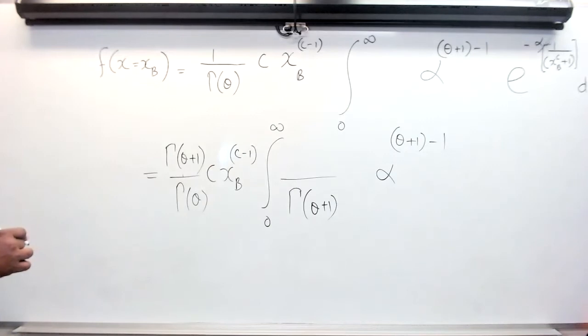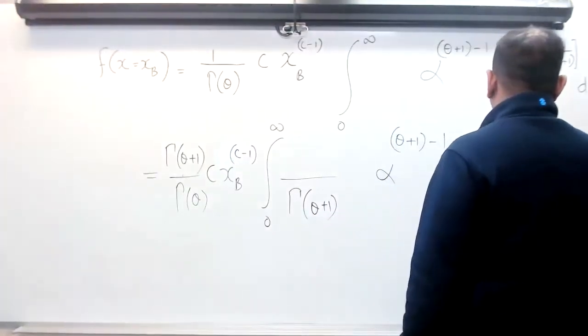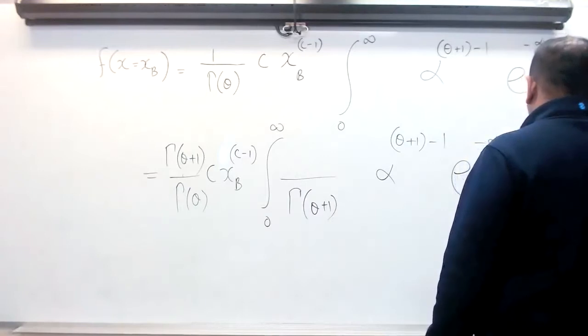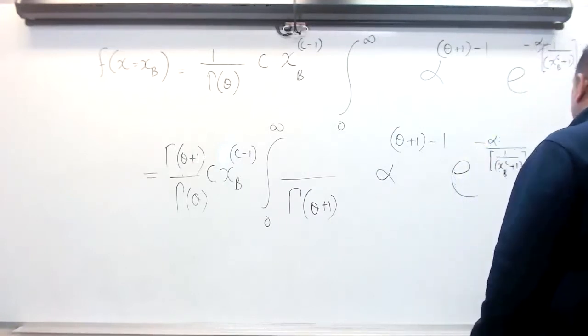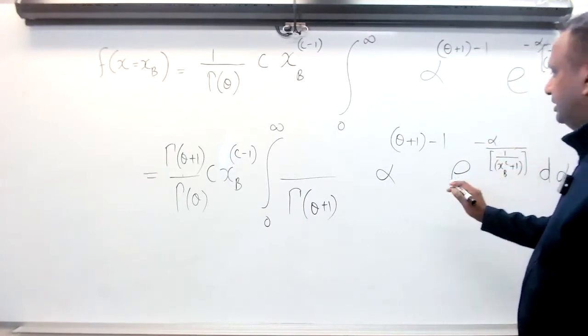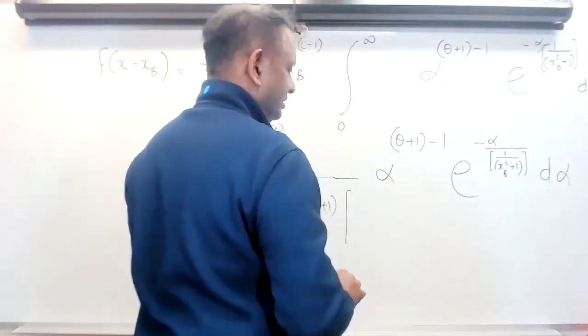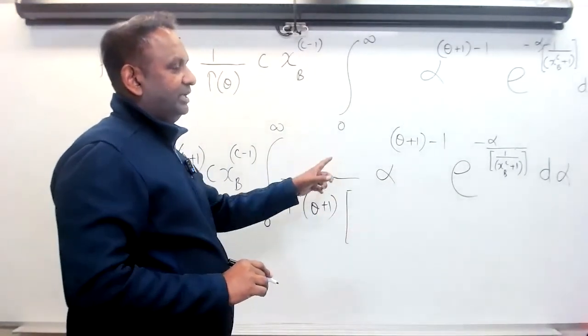I'm rearranging. And by looking at this one, minus alpha over 1 over x to the beta c plus 1, this whole thing, d alpha, this looks like my beta. I'm going to put the beta here. See? Gamma alpha, beta to the alpha.